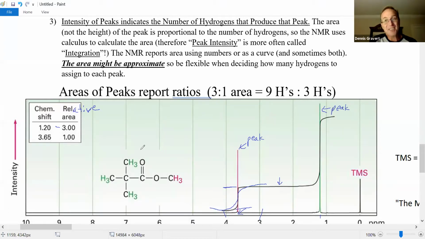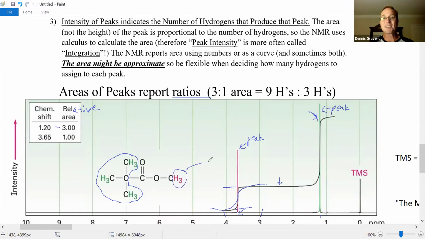Here we have actually elucidated the structure. We've been told what the structure is. We have 9 hydrogens, all the same distance to the pi bonds and oxygens. They're all overlapping, they're all equivalent. 9 H's are producing this peak, the bigger peak, right? Look at the colors, it's nice color coding.